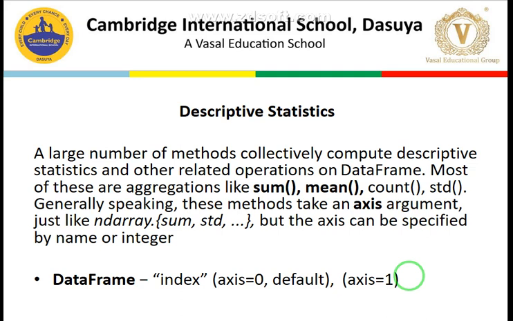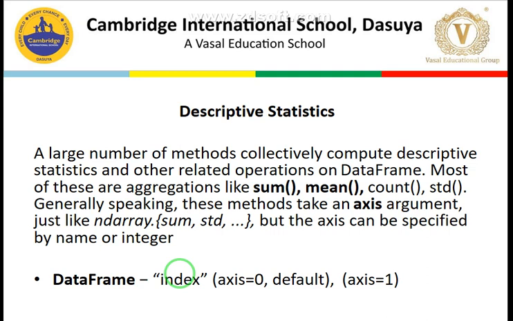So we can specify the axis either by its name or by its integer value like 0 and 1. The default value is taken as 0, clear? If we assign the value 1, we have to mention it explicitly.